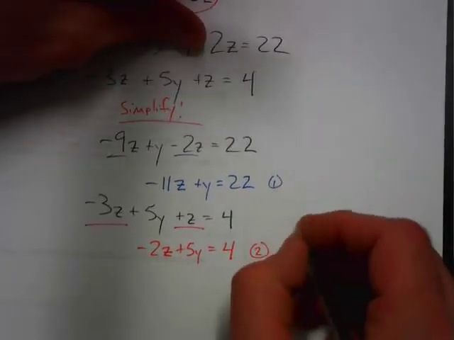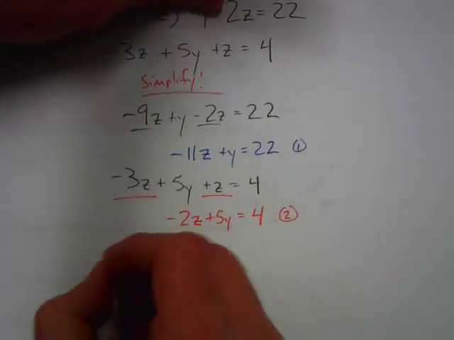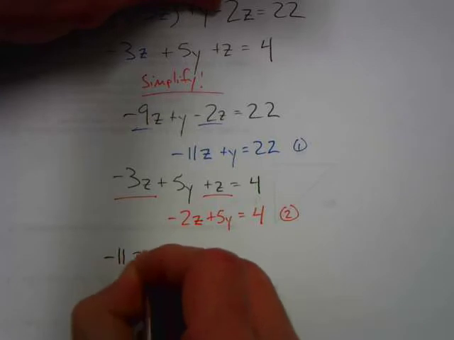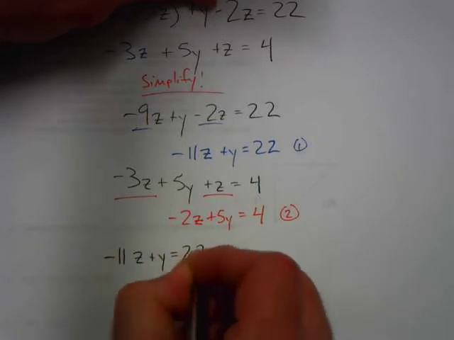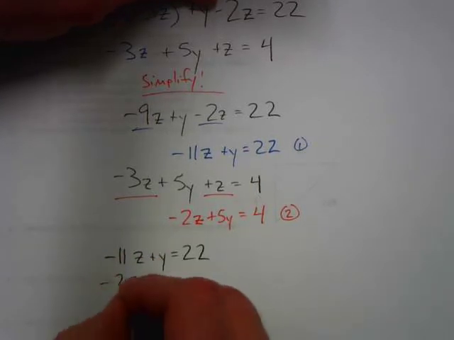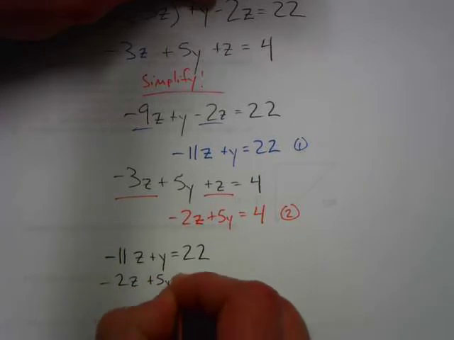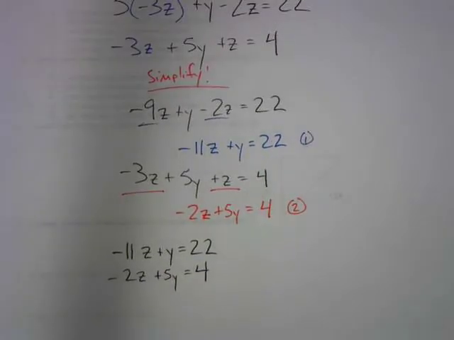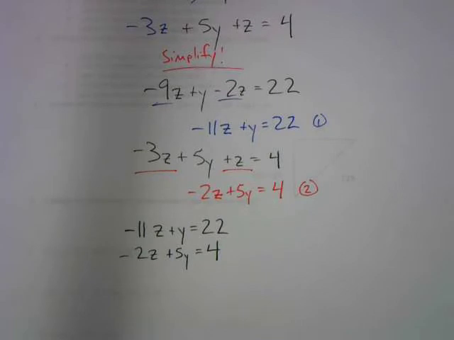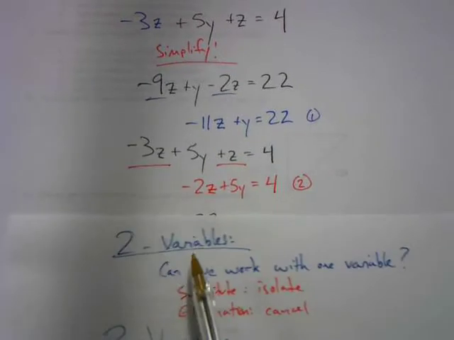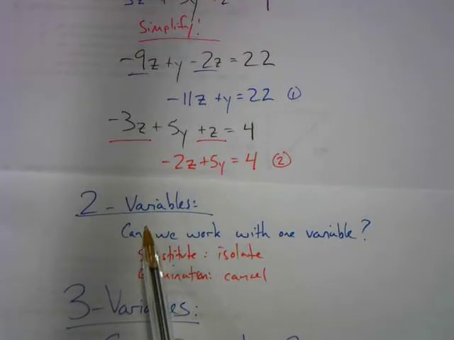So let's take these two equations and rewrite them as a separate system, equation 1 and equation 2. And now it's back to what we've done in the previous videos. We can solve this by substitution. Remember our previous material: when we had a system of equations in two variables, could we work with just one?